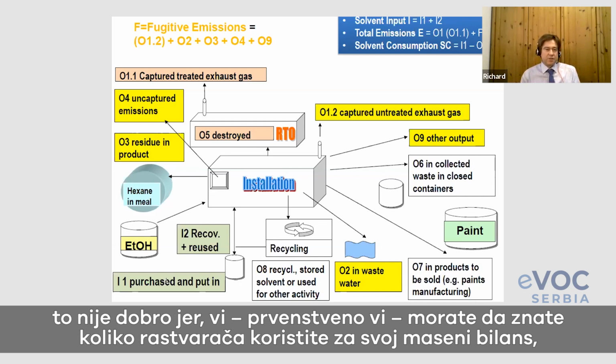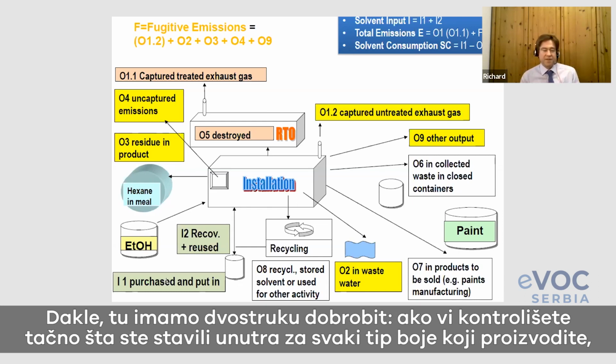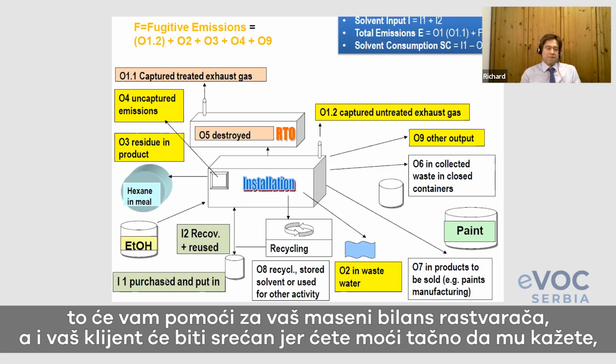Then that's not good, because you must know how much solvent you are using for your VOC balance, but of course your customer must also know exactly how much solvent you have put in. So it is a double benefit. If you know exactly, and you control what you put in for each of the paint types you produce, that will help you for your solvent mass balance.